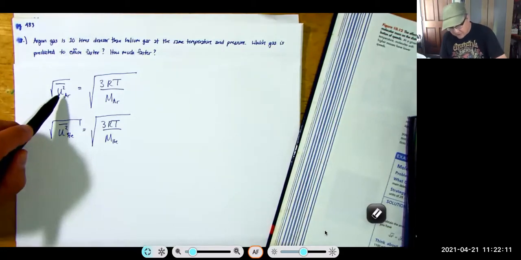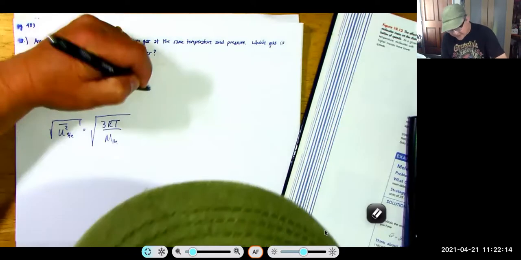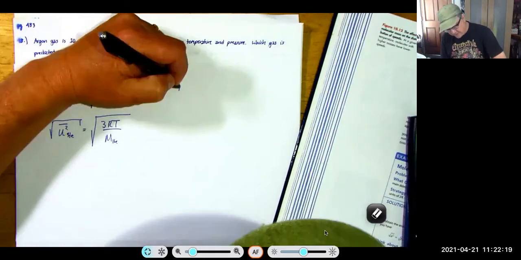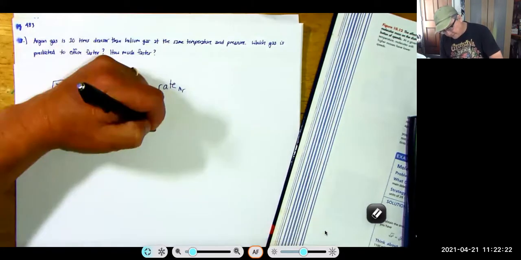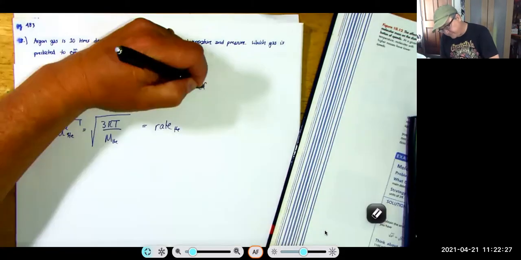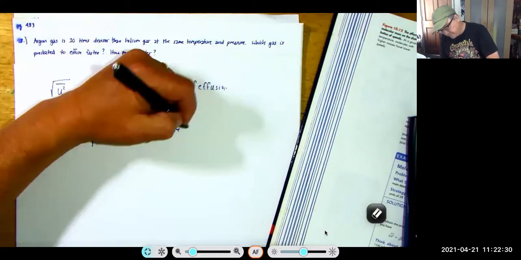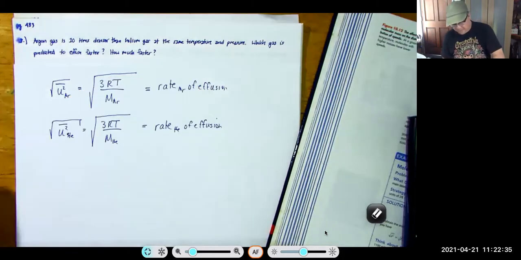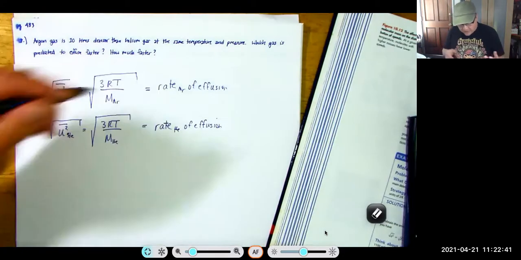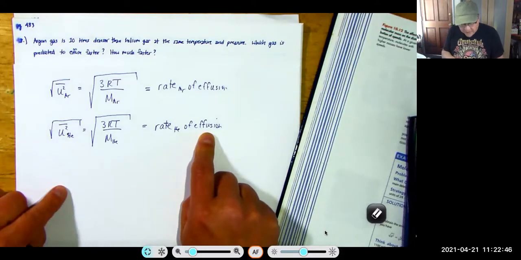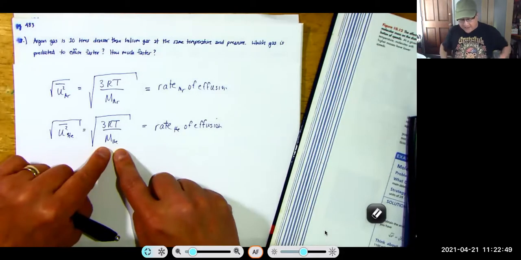Yeah. So here, a very simple way to say this is that the rate of argon, and call this the rate of helium, the rate of effusion. Okay, so here you can see that the rate of effusion is kind of inversely proportional to the molar mass, right?